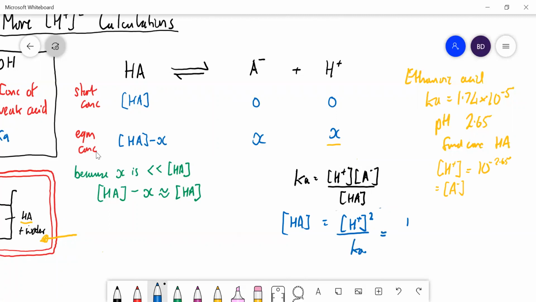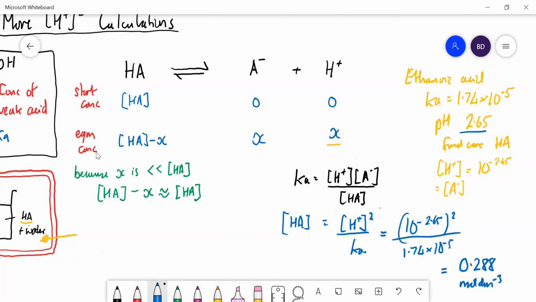So H plus is 10 to the power of minus 2.65 all squared over 1.74 times 10 to the minus 5. Put those numbers into the calculator and we get the concentration is 0.288 moles per decimeter cubed. So that is the concentration of the ethanoic acid, which would give you a pH of 2.65.